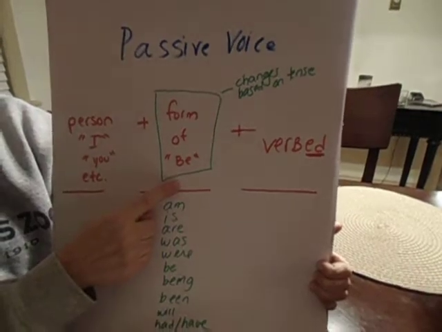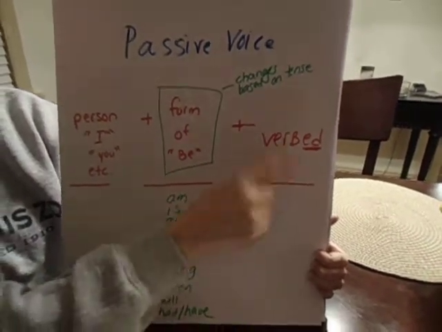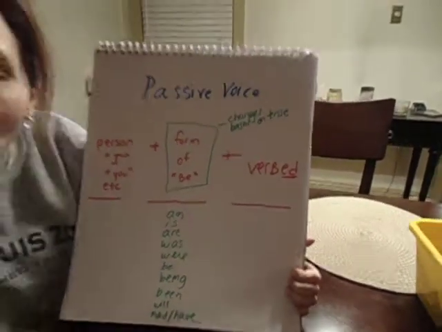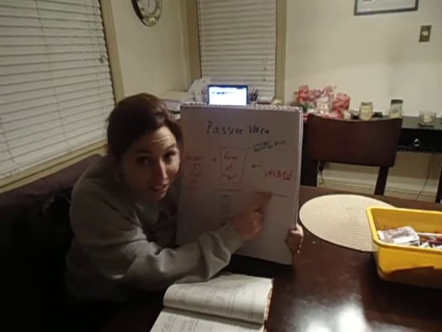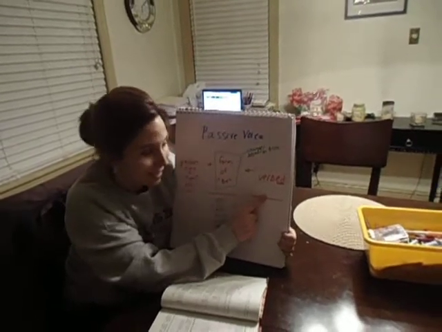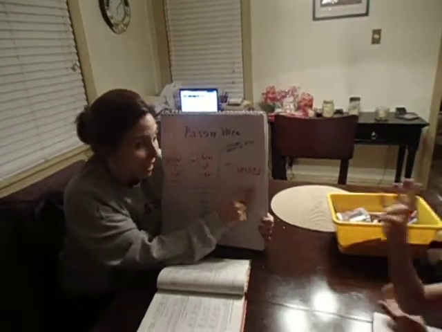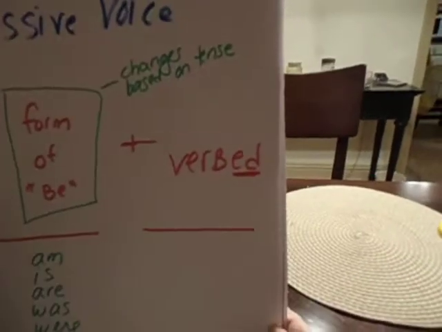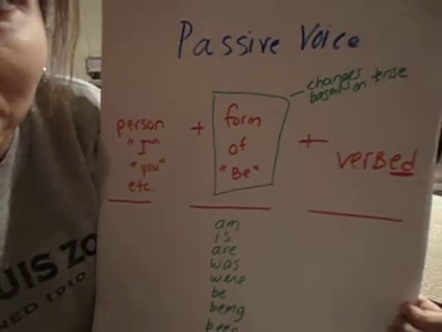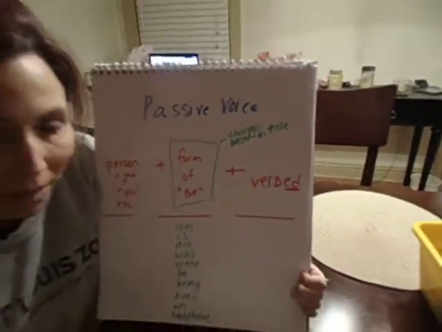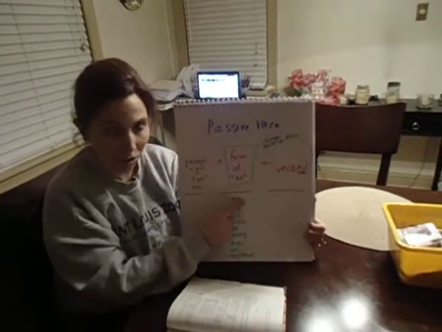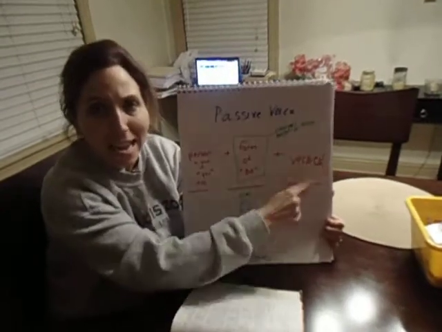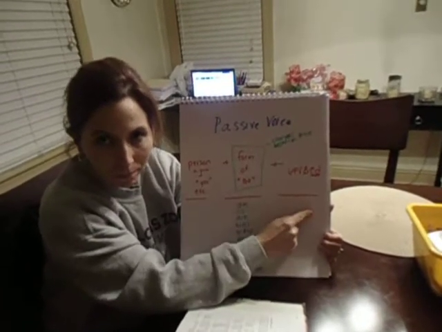The form of the verb to be, and you will always, I don't care what tense it's in, this last component will have to have ed. All 3 components are necessary for the passive voice. The person, the form of the verb to be, and an ed verb.